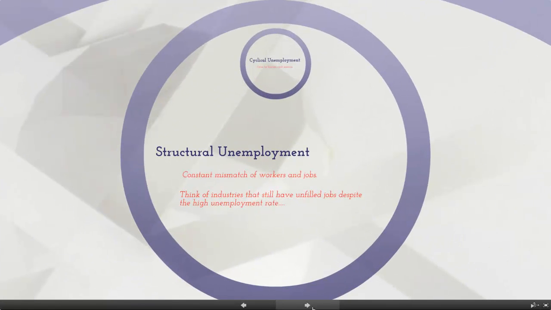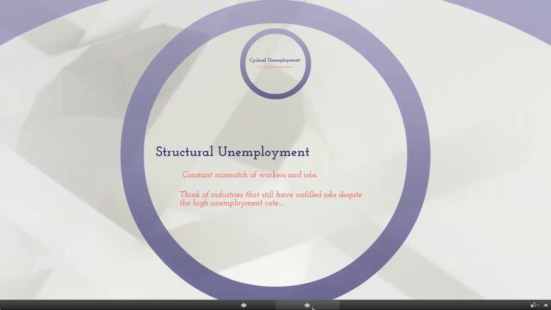Then we have what is considered structural unemployment. This is a constant mismatch of workers and jobs. Think of industries that still have unfilled jobs despite a high unemployment rate. Things like STEM careers, we've heard this focus: science, technology, engineering, and math. We still have unfilled jobs, although there are people who don't have jobs, they don't have the skill set.